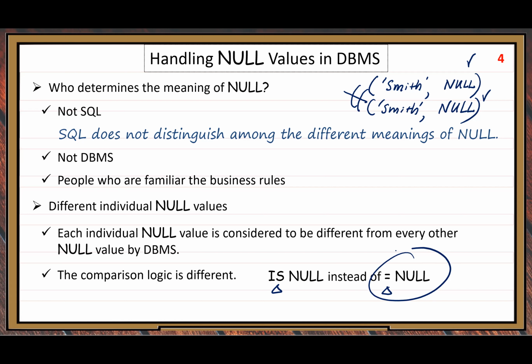Quite special regarding null values. A lot of normal ways you need to change. A special comparison operator, the IS operator, is used here.